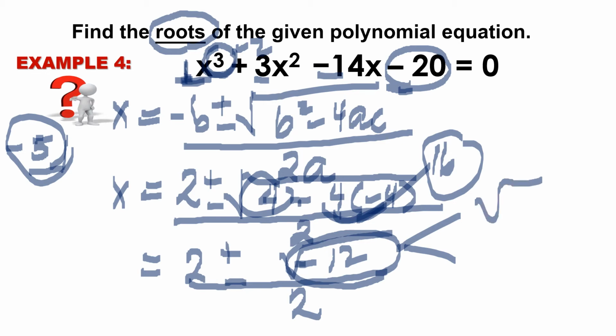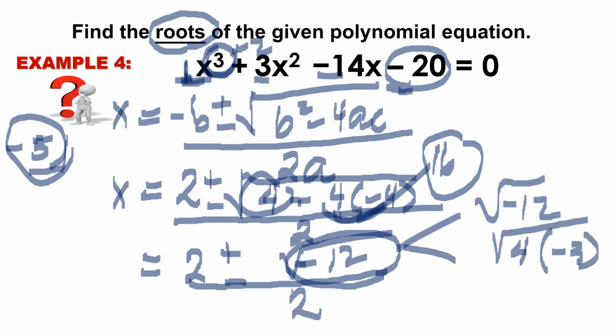The square root of negative 12, we have to simplify this. It's the same as 4 times negative 3. And then we have the square root of 4, which is 2, plus or minus, and then retain negative 3 inside.